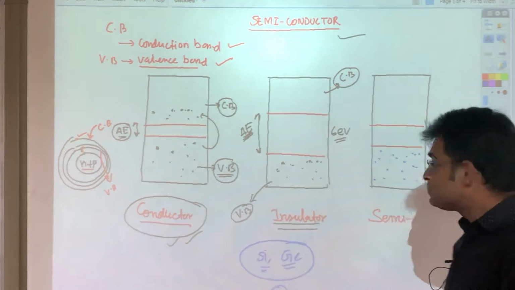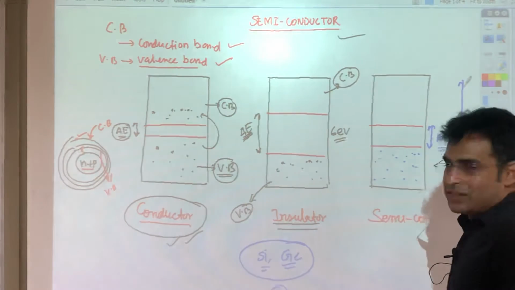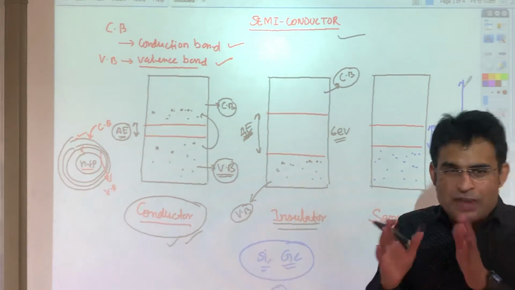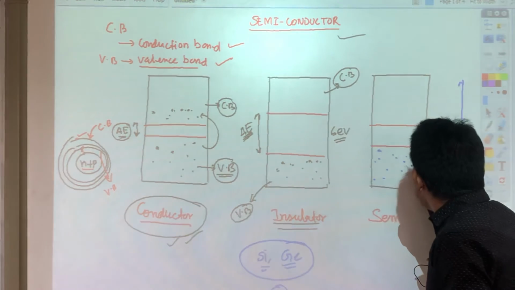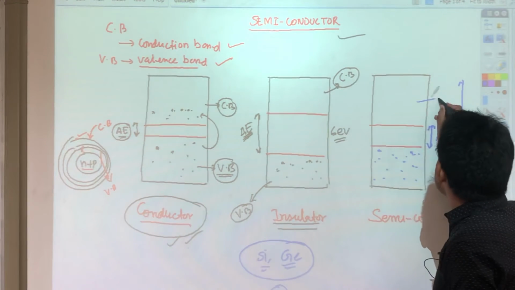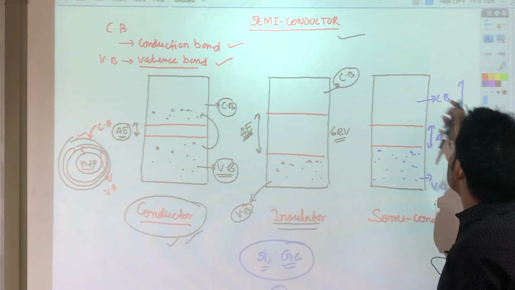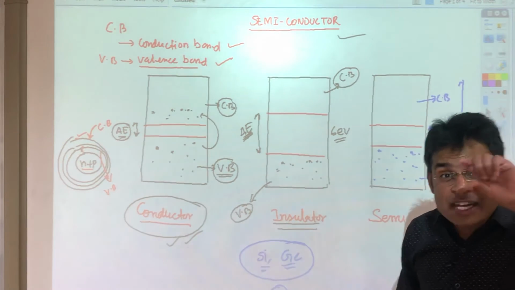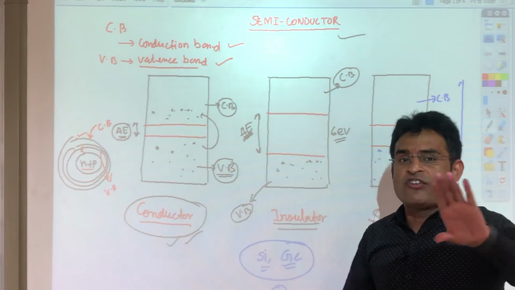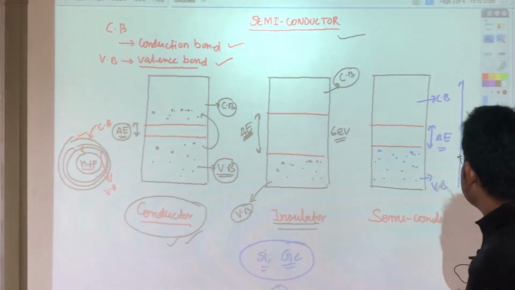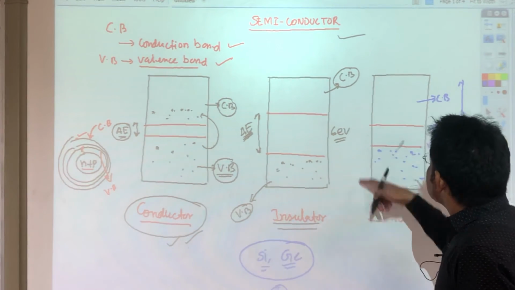What happens is, when you apply a very small electric field, where the magnitude of the electric field is low, the electrons are not able to cross from the valence band to the conduction band. But when you apply a larger electric field, if the electric field intensity is very high, these electrons are able to jump from this to this one.